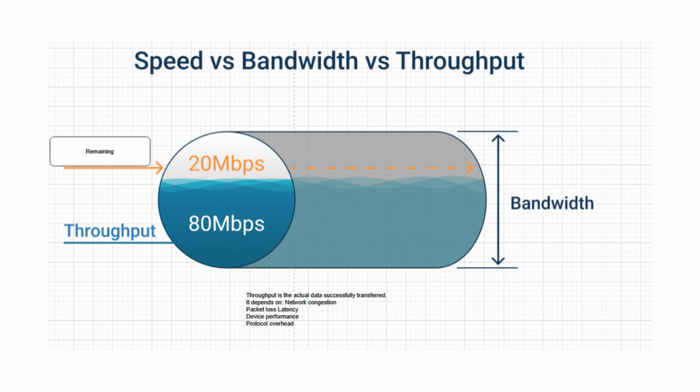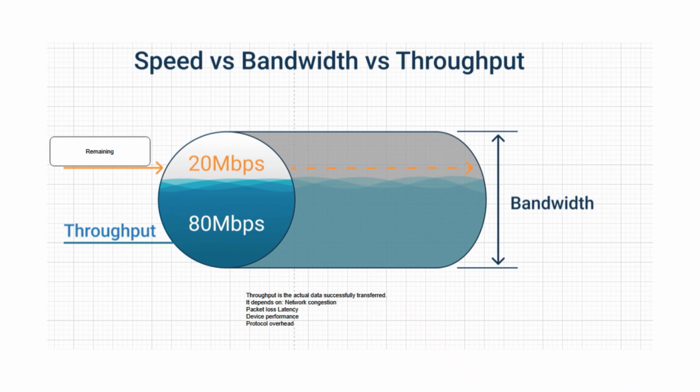Throughput will be affected by network congestion. If you have one link and all the traffic is going and coming on the same link, network congestion will happen, and due to the congestion, throughput will be affected and packet loss can happen. Other factors are a bad cable, latency, device performance and protocol overhead.